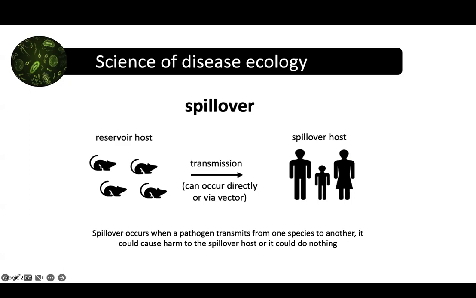So certain factors can increase or decrease the chance of this happening. It depends on the spillover host behavior, in this example humans, and how certain factors allow them to interact more with the reservoir host, which may mediate the spillover event from happening.